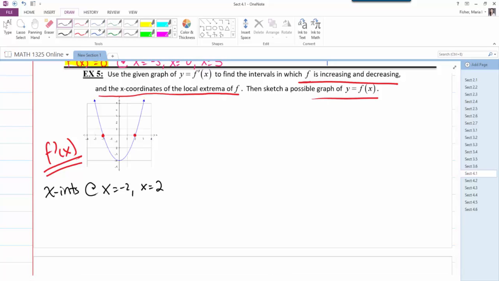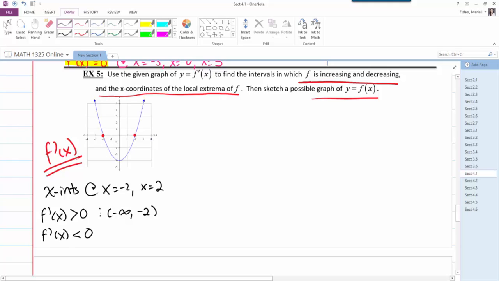I also know that f prime of x lies above the x-axis, or is positive, from negative infinity to negative 2. It lies below the x-axis, or is negative, from negative 2 to positive 2. And it lies above the x-axis again from 2 to positive infinity.